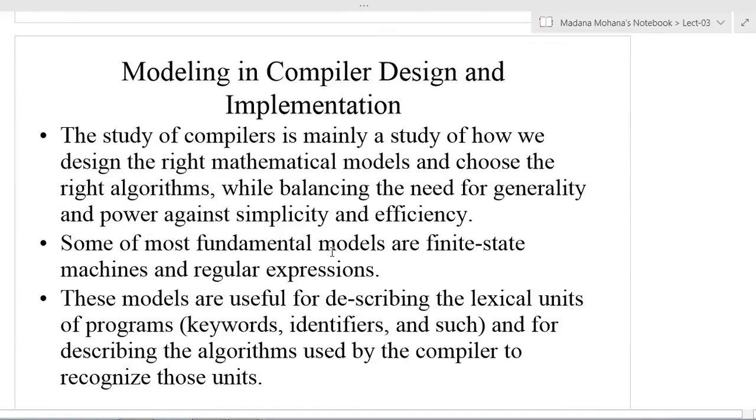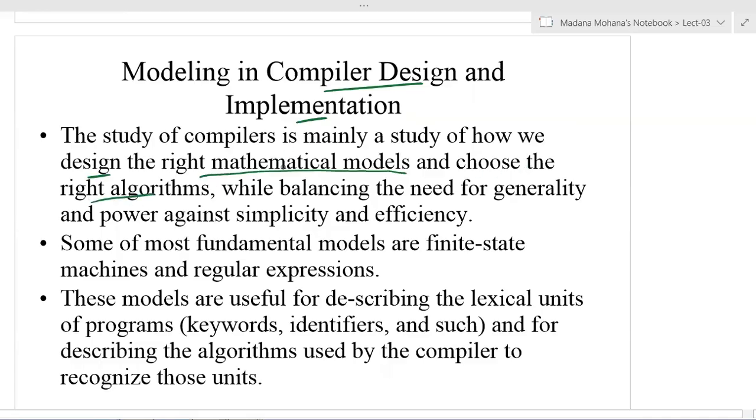Then, modeling in compiler design and implementation: how to model compiler design and how to implement it. The study of compilers is mainly the study of how we design the right mathematical models and choose the right algorithms.